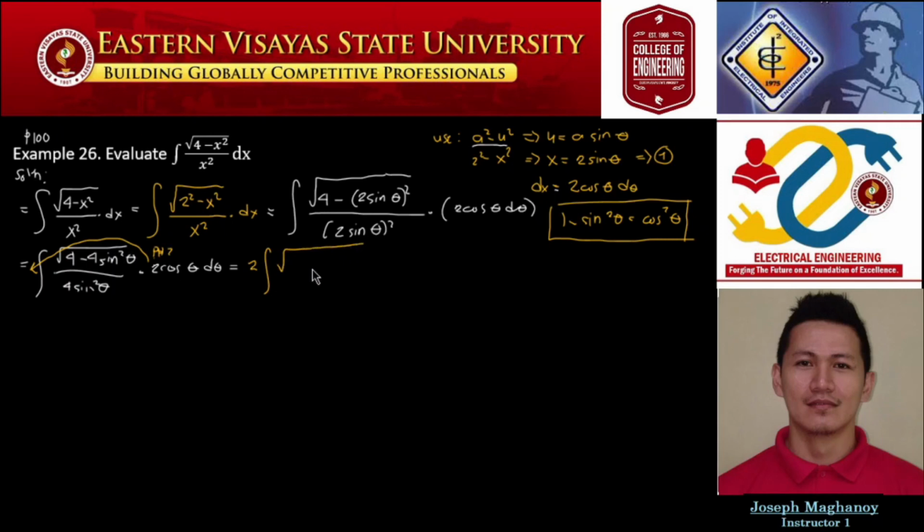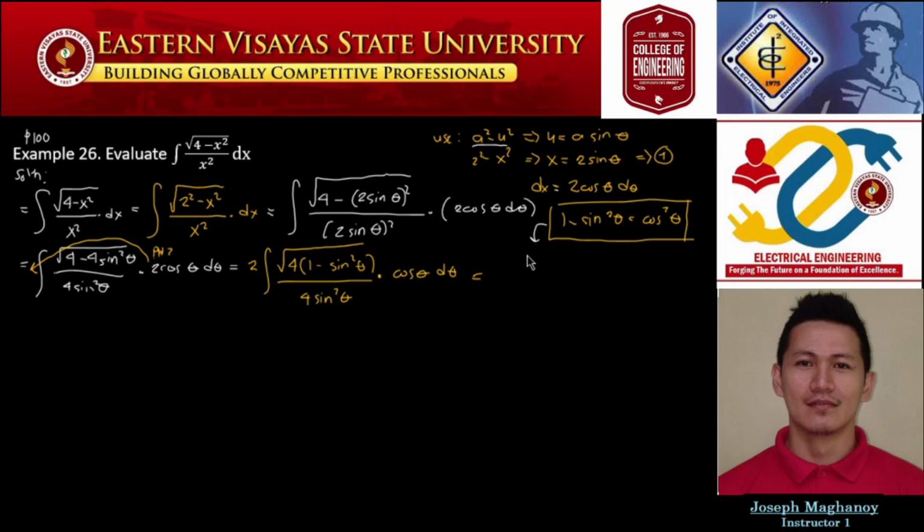So we factor out 4, that would be 1 minus sine squared theta all over 4 sine squared theta. And for the remaining, there would be only cosine theta d theta, because we already carry out the real number constant to the other side. Okay, so we need to use trigonometric identities.